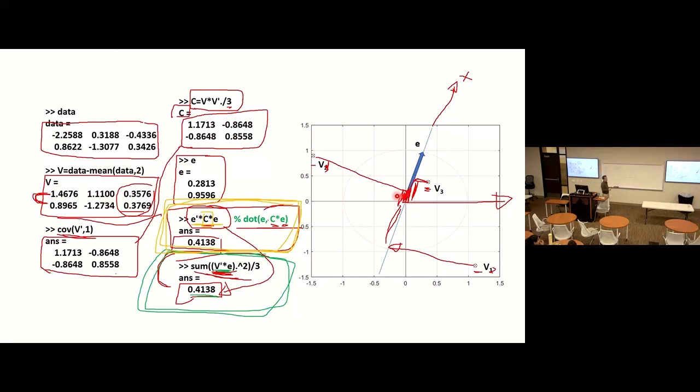If by chance you select E as your new x-axis, the old axis is here. So this vector is your old axis, your x, y.